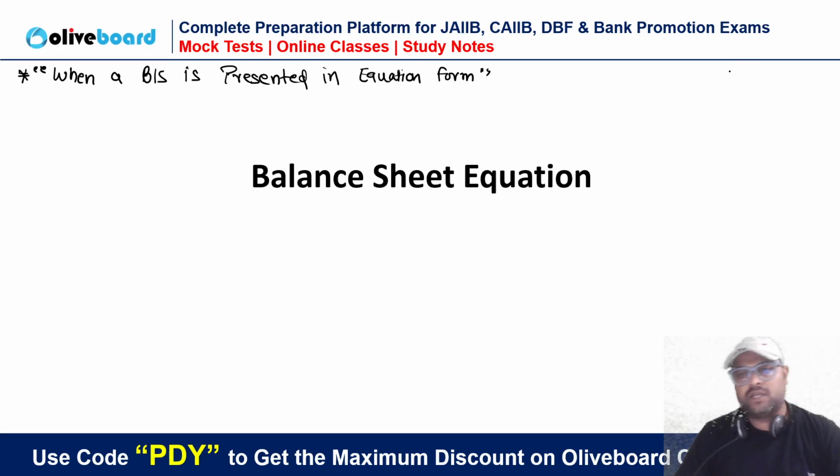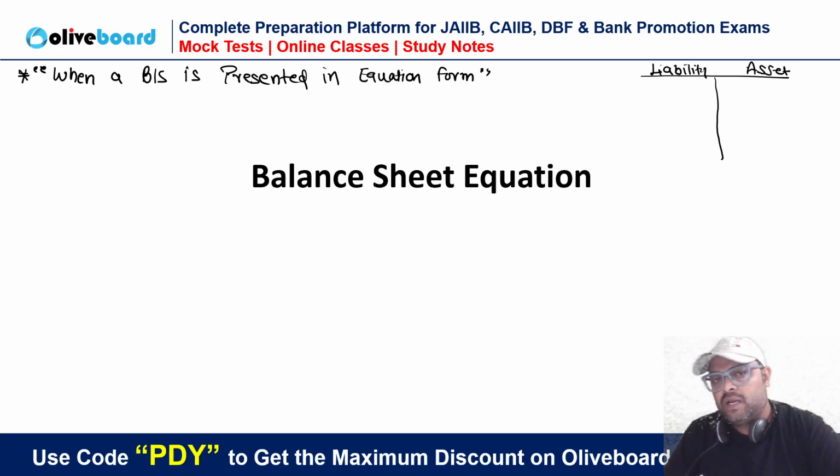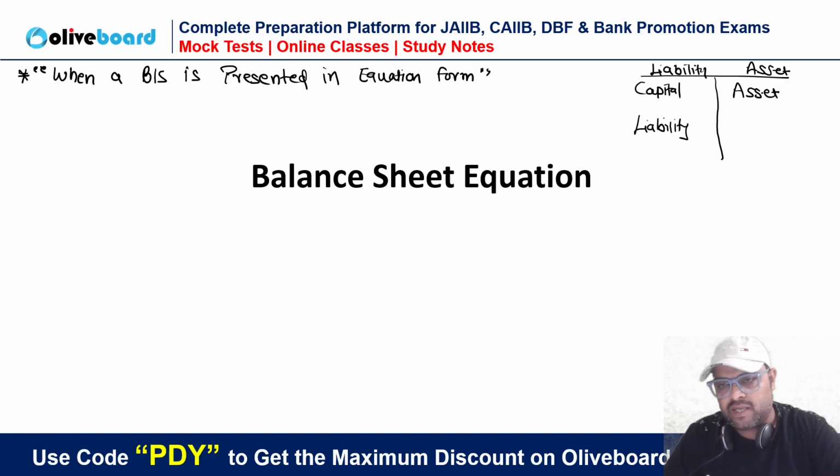If you look at the normal academic balance sheet, it looks like this. This is the liability side, and this is the asset side. If I summarize the liability side in two terms, we record capital and all other liabilities on the liability side, and we cover the assets on the other side.